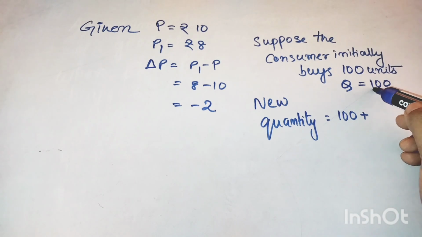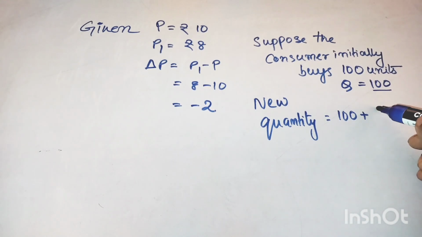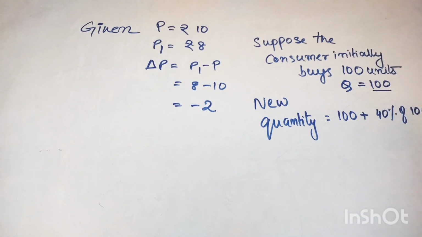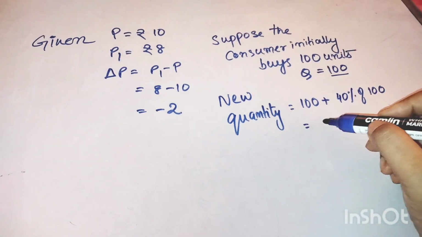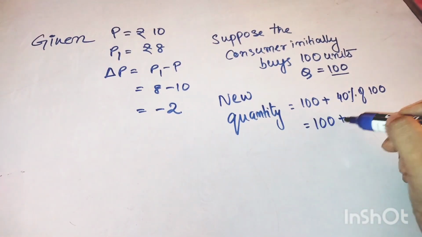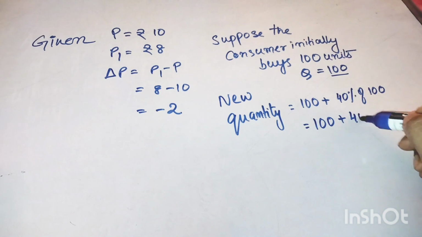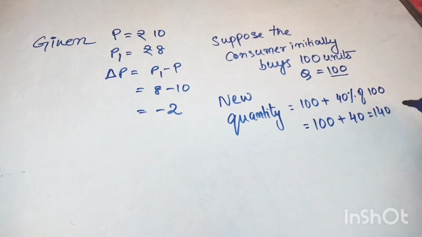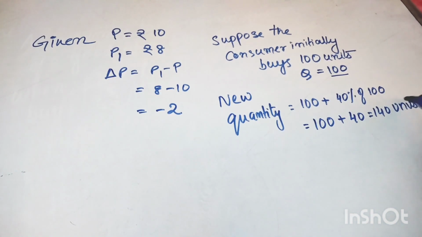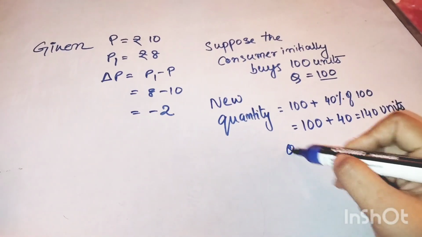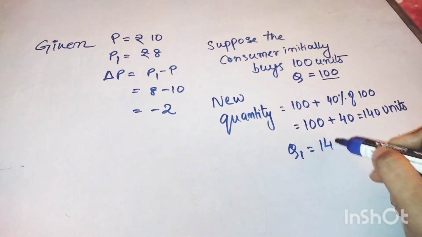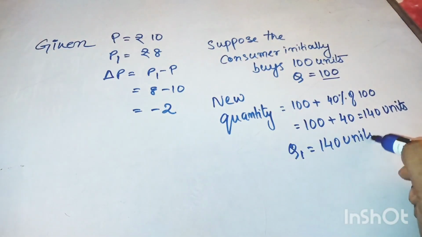So if your initial quantity is 100, then 100 plus 40% of 100, that means 100 plus 40, that will give you 140 units. That means we have got Q1. This Q1 is equal to 140 units.